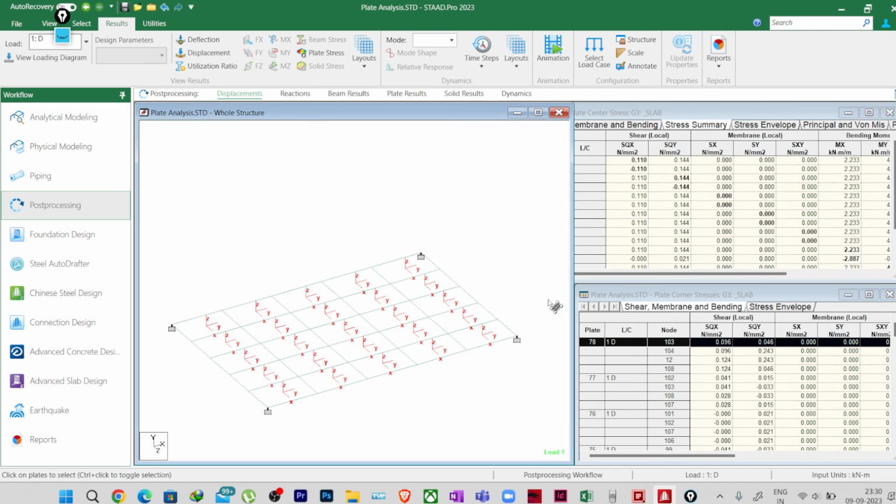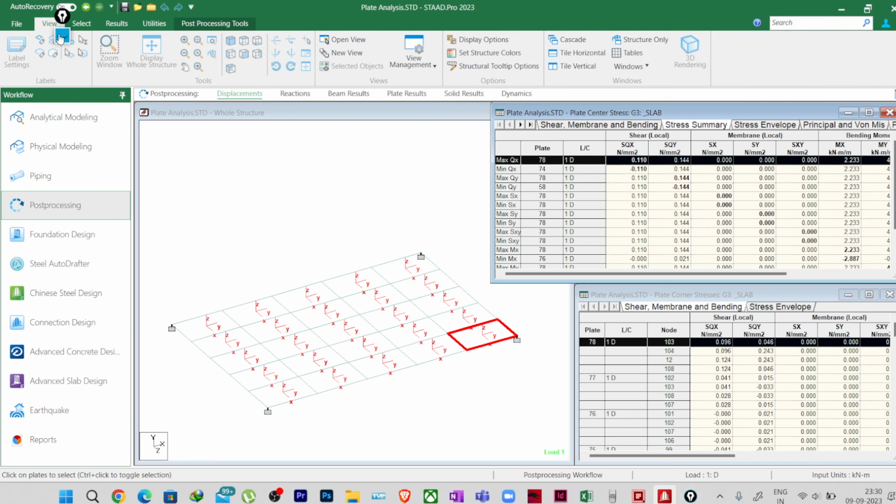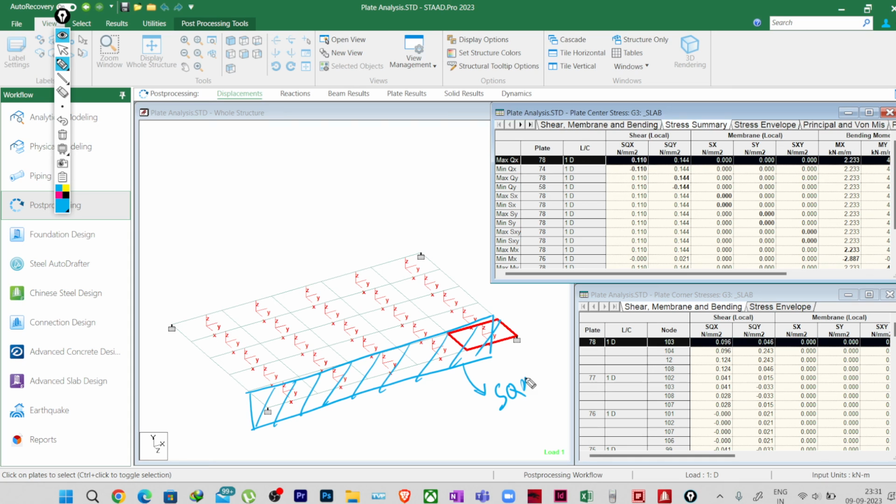So SQX means, see along this direction, at any point along this plane, this is my SQX. If you see in this plate, at the center of the plate along this direction, in this face, this is my SQX equal to 110.